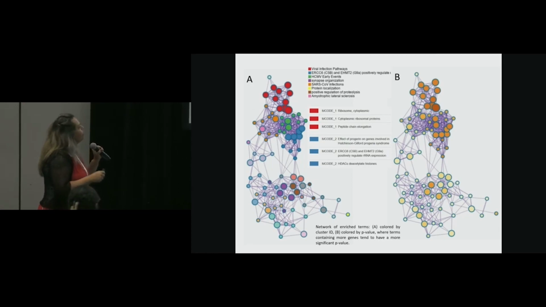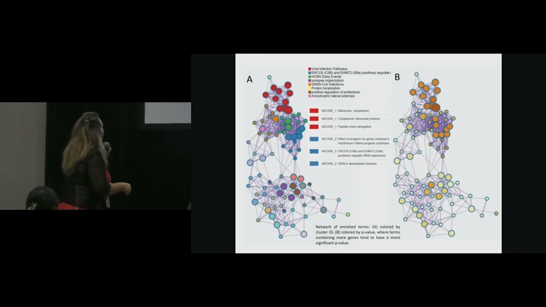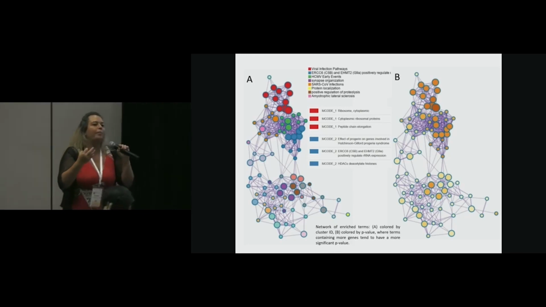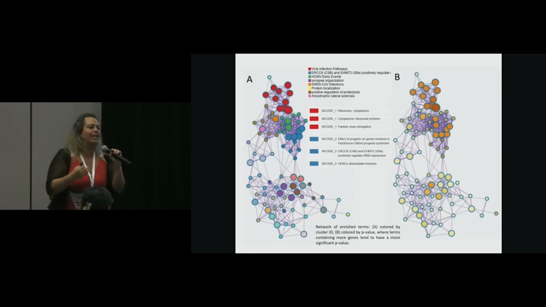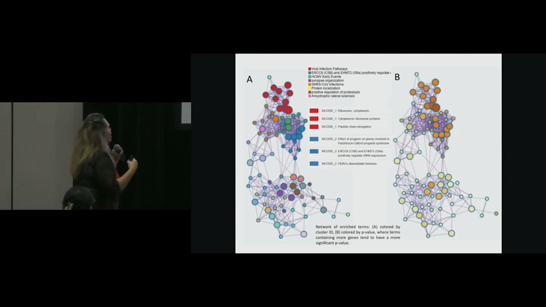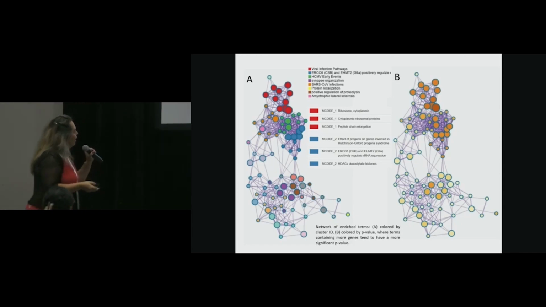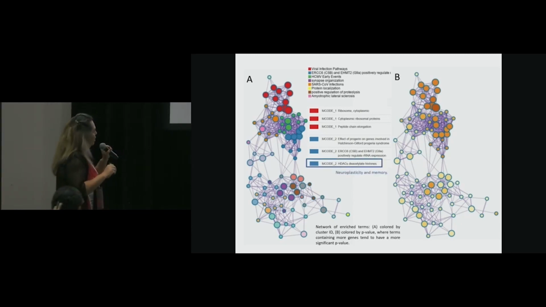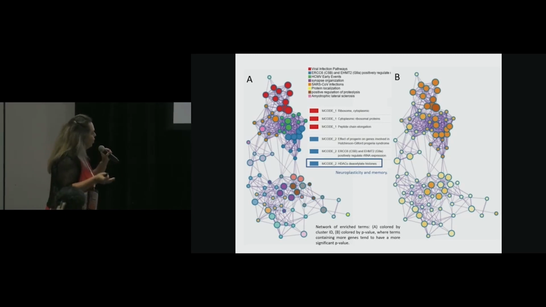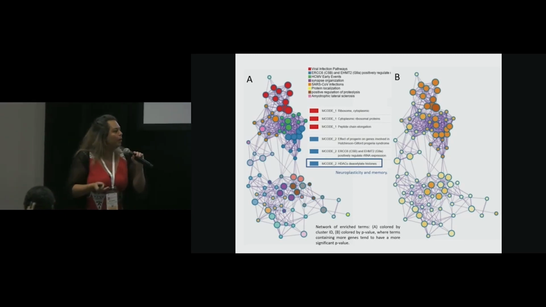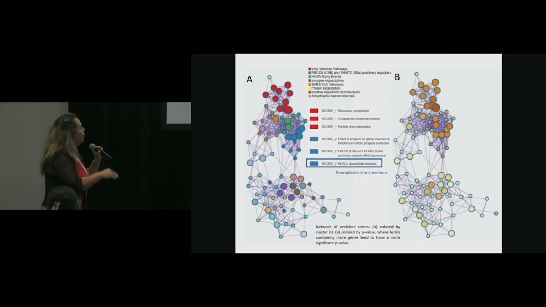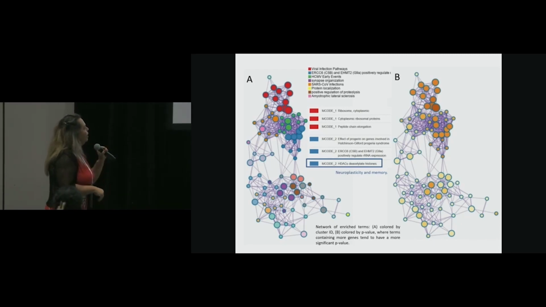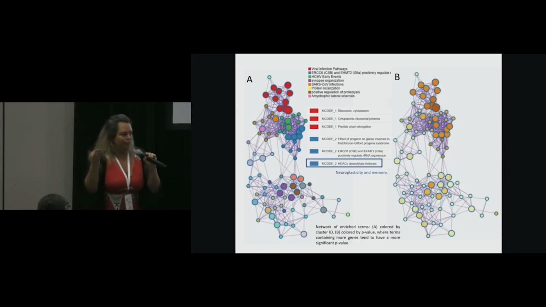So we also did an interactome map, and again, on the biological function, we see a lot of proteins related to replication and metabolism of RNA, peptide elongation, and also some proteins related to histone deacetylases, which are responsible for neuroplasticity and memory in the brain, and they were impaired in this experiment.